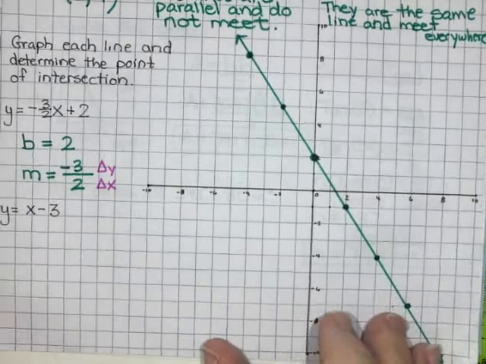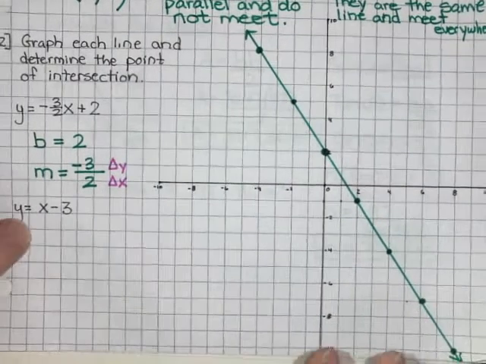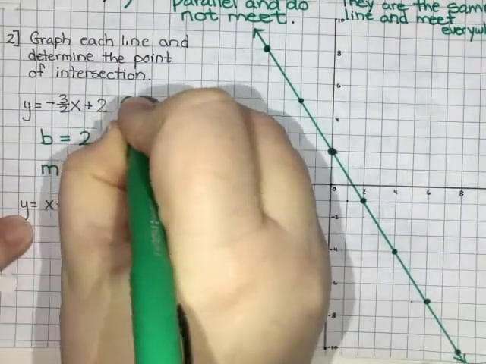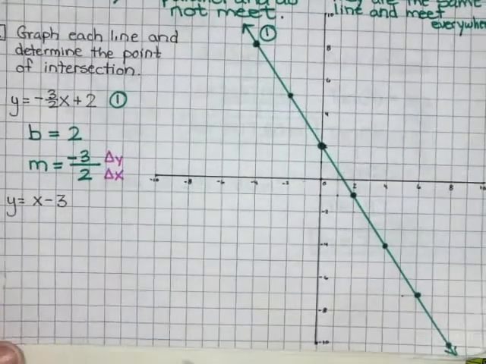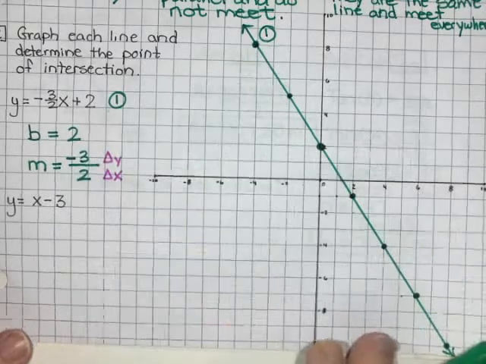Okay, so there is line 1. Now it's a good idea to label or color code or something so that you know and I know which one is which. So I'm going to call this number 1, and then I just put a number 1 next to it.